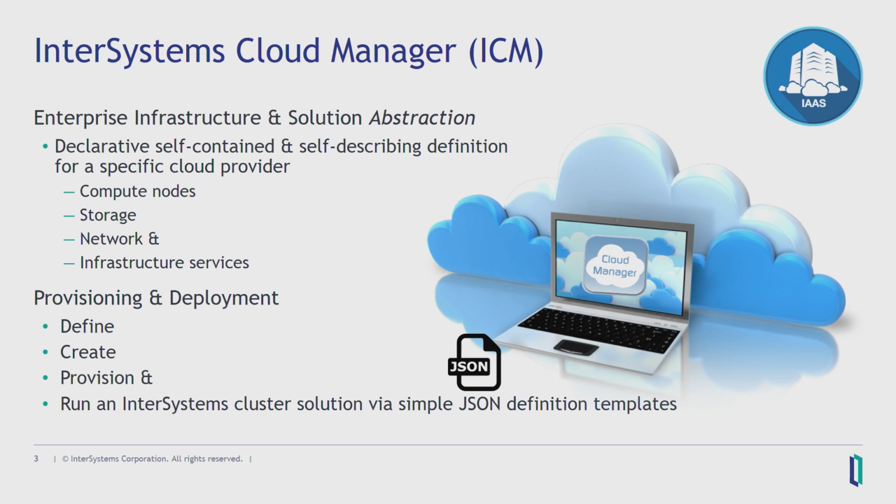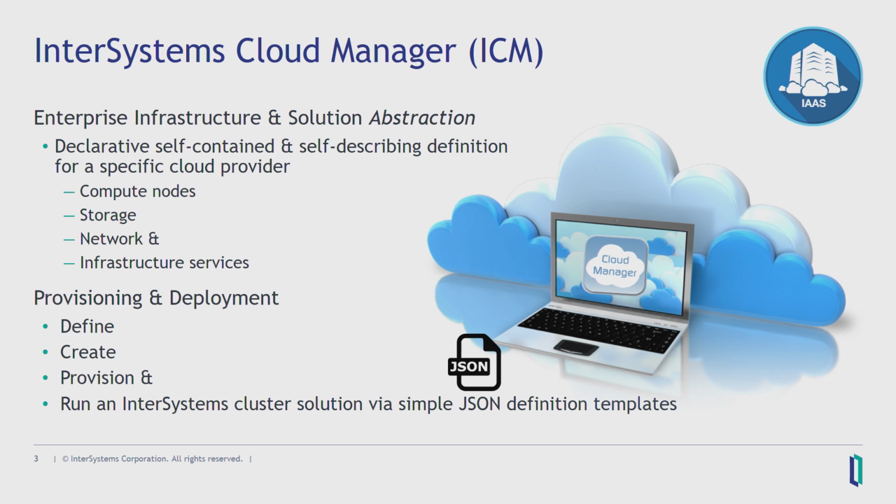All of your configurations are defined in JSON files for each cloud provider that we support, and I'll get into those. It handles the compute nodes. It sets up the underlying persistent disk storage on which the IRIS instances run. It sets up your networking or works within your existing subnets if you already have defined an environment.